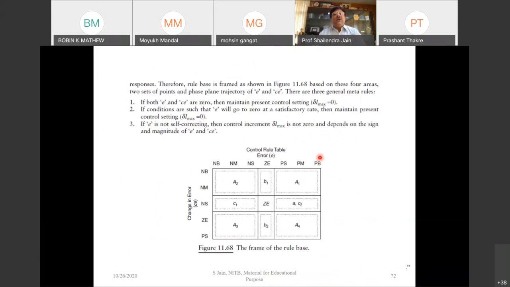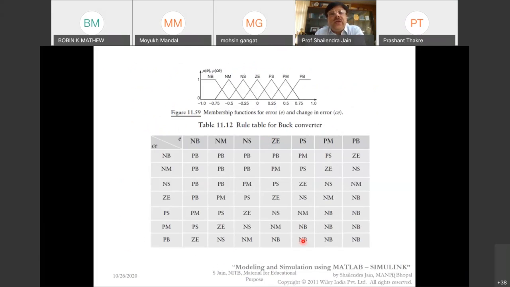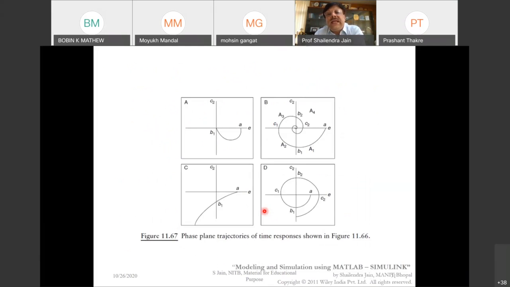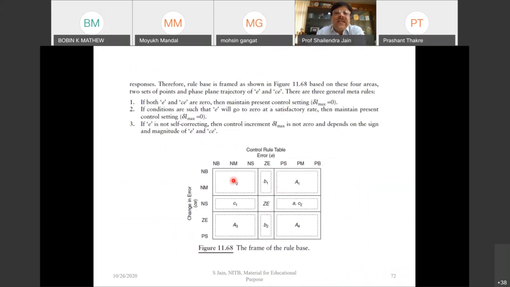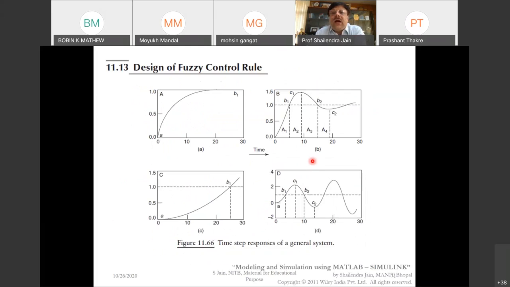switching response. So your 49 rule table shown here can be classified into these areas. You can see A1, A2, A3, and A4. Then we will have these points, B1, B2, that is the 0 error point, and C1 and C2 where your error is maximum positive or maximum negative.